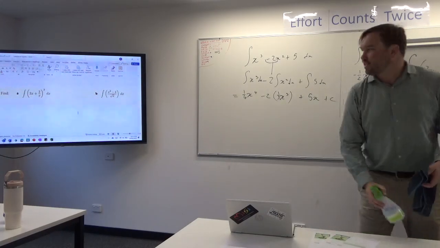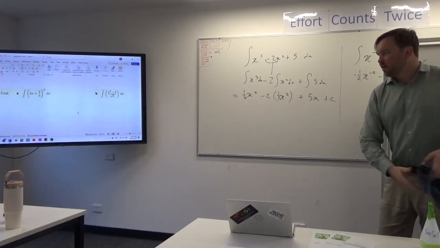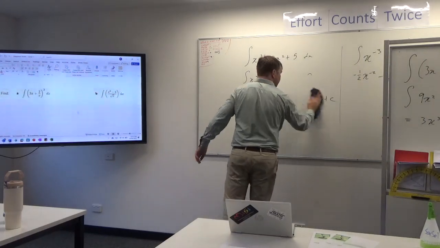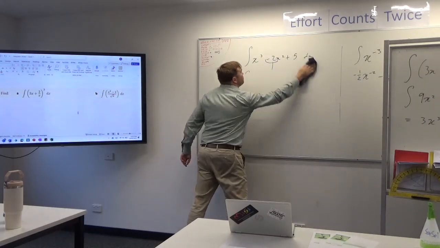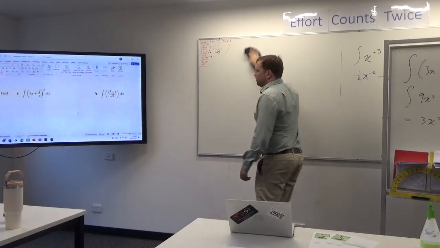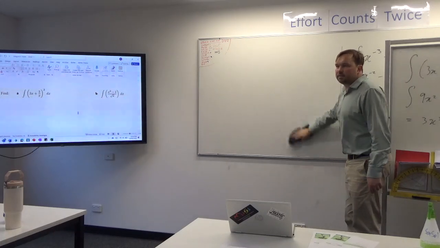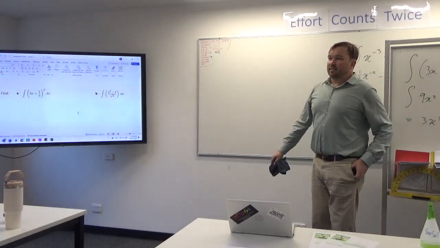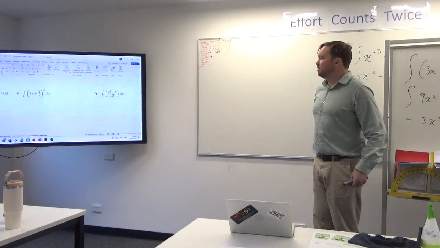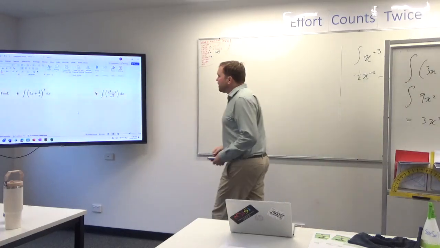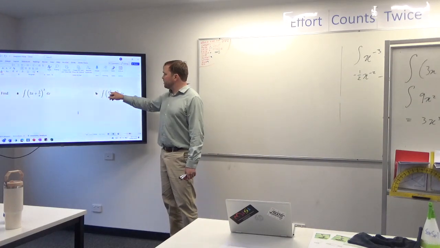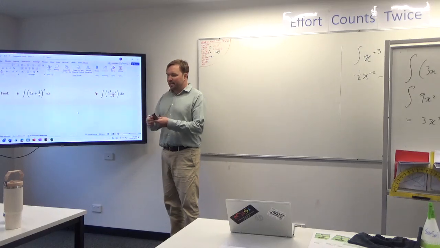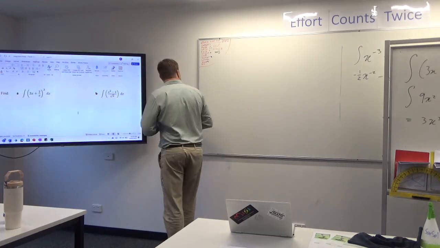Alright, last example. How would you think about chunking it? Pardon? X to the negative half times 5. Yeah, nice. You're going to effectively multiply each of these with an x to the negative half.